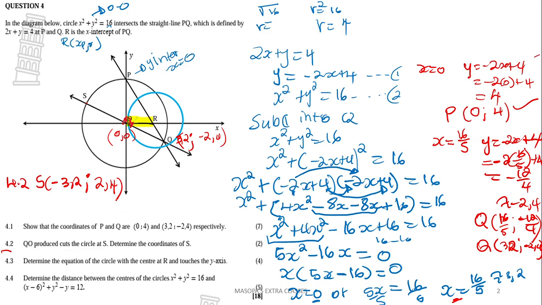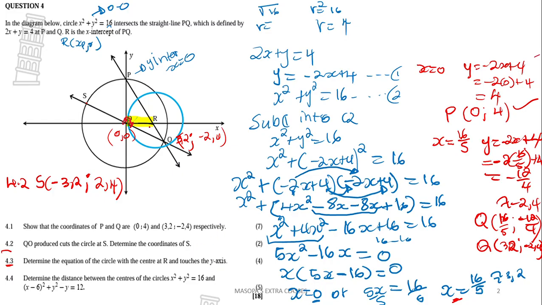Now let's look at question 4.3. It says that we must determine the equation of the circle with a center at R, right? So now our center is at R. It's like we have another circle whose center is at R and touches the y-axis. I put the circle in blue, as you can see. Our circle in blue has a center of R, and it touches the y-axis. So we have another point, which is 0, 0, because they say that it touches the y-axis.